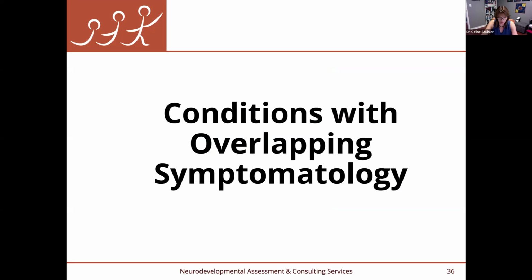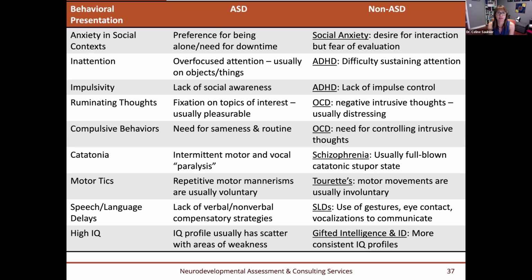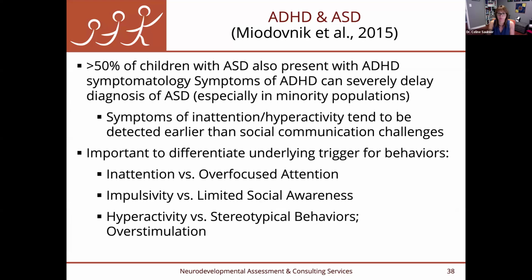And then we have conditions with overlapping symptomatology. There are so many, and for the sake of time, we can always answer questions in more detail, but ADHD is one of the most complex in overlapping.